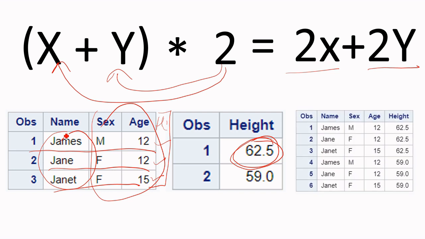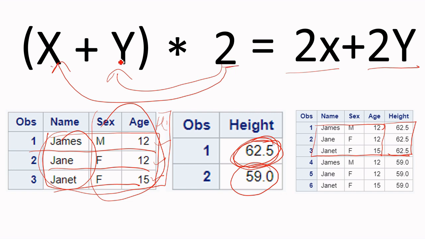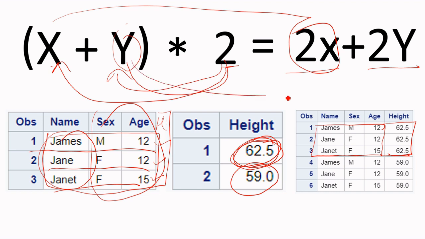Here you can see all of these 3 observations, and this entire record is copied from here and made available over here. Now this value comes in from here and gets joined with the first table values. Same thing happens with the second value, same as here. First 2 gets multiplied with x and then the result becomes 2x. Then again 2 gets multiplied with y and then the result becomes 2y. Same thing is going to happen over here.